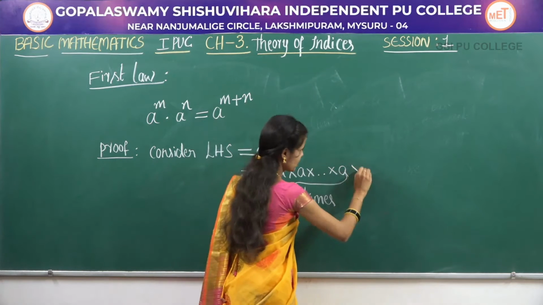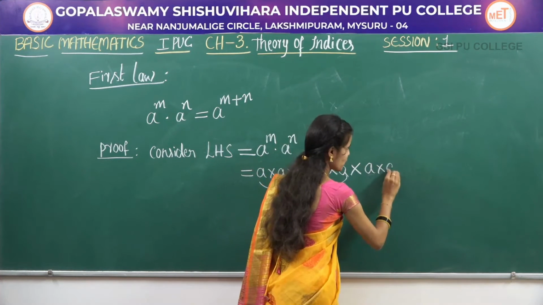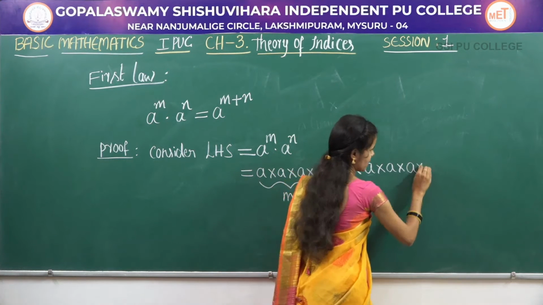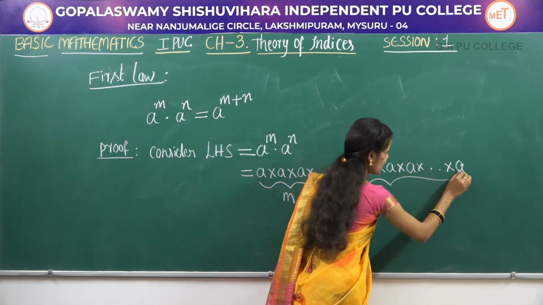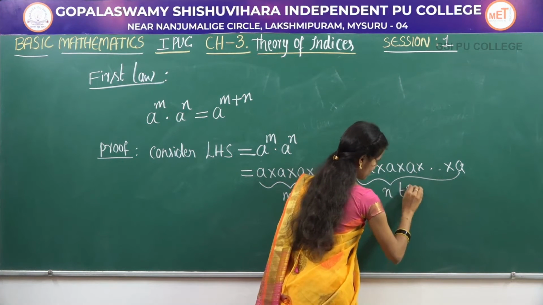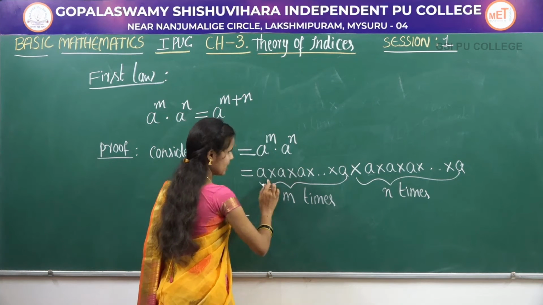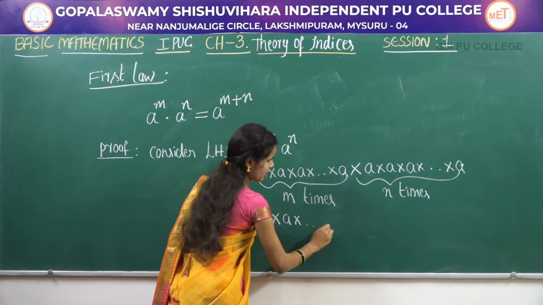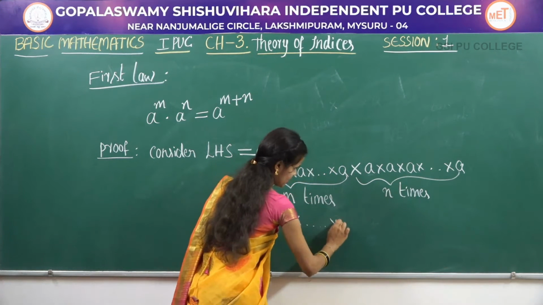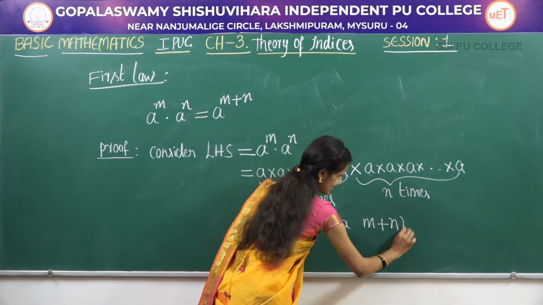Next, into a to the power of n means a into a up to a, total n times. So this is equal to a into a, total m plus n times.